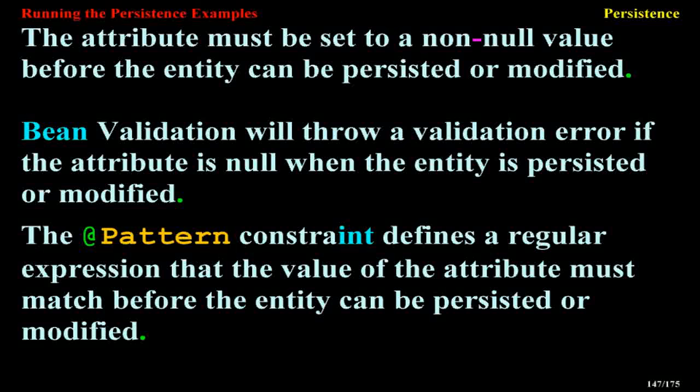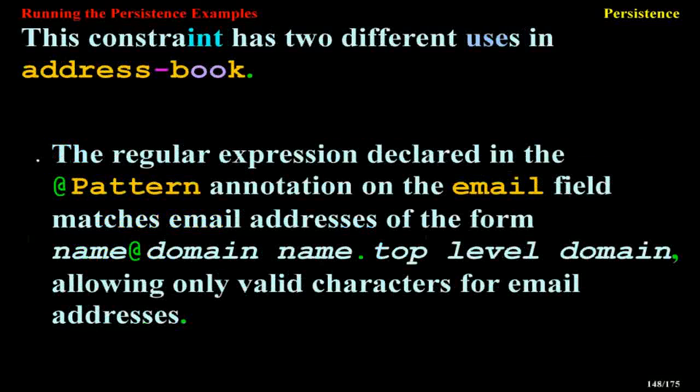The @Pattern constraint defines a regular expression that the value of the attribute must match before the entity can be persisted or modified. This constraint has two different uses in address-book. The regular expression declared in the @Pattern annotation on the email field matches email addresses of the form name@domain-name.top-level-domain, allowing only valid characters for email addresses.